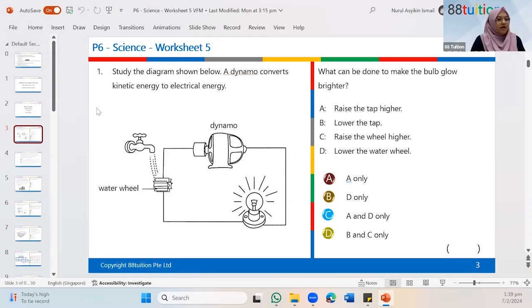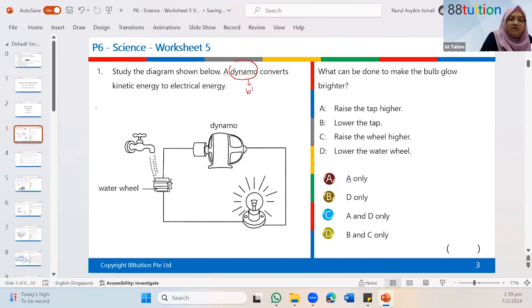First question, we have a diagram where you have a dynamo that converts kinetic energy to electrical energy. For those of you who have not come across the word dynamo yet, most often the scenario they will put in is a bicycle.